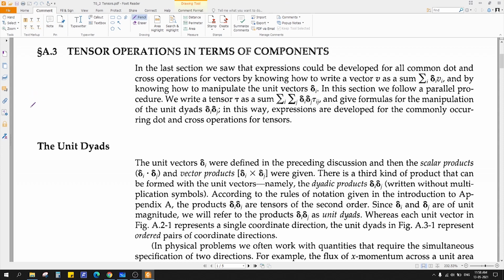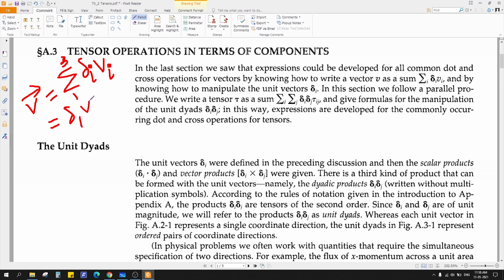Last class we discussed how to write a vector. So suppose this is a vector v of three components, let's say v1, v2, v3 in the x, y, z directions. So we can simply write this as the Kronecker delta i and vi, where let's say i goes from 1 to 3. This means what?